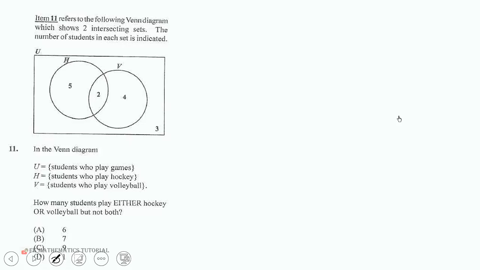How many students play either hockey or volleyball but not both? So either hockey or volleyball but not both. So that will be equal to 5 plus 4, which is equal to 9.